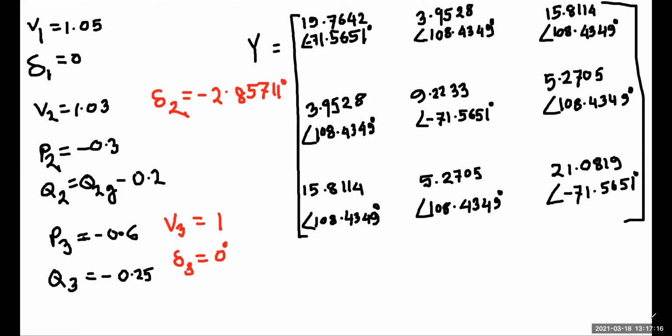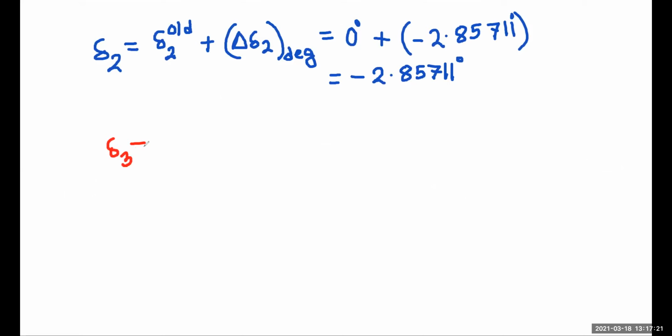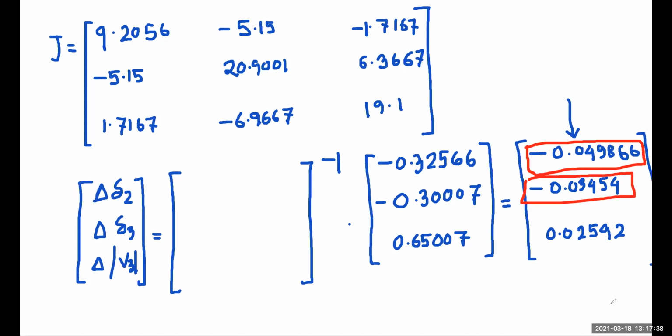What is your del 3? Your del 3 will be the old del 3 plus del 3 in degree. So if you do it like this, minus 0.03454 into 180 divided by pi, your value becomes minus 1.97899.